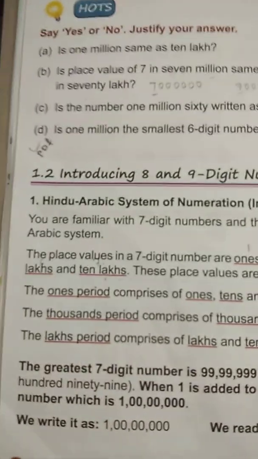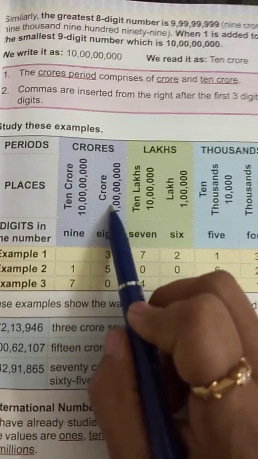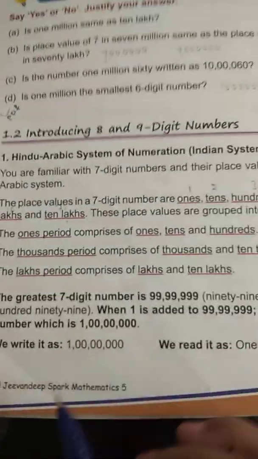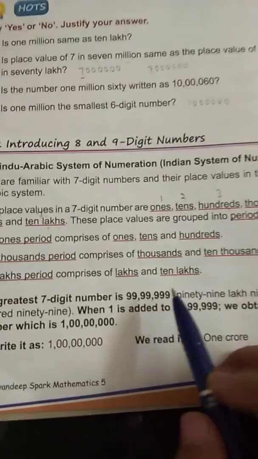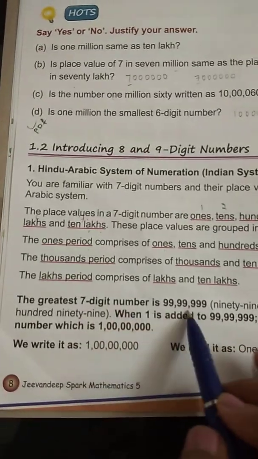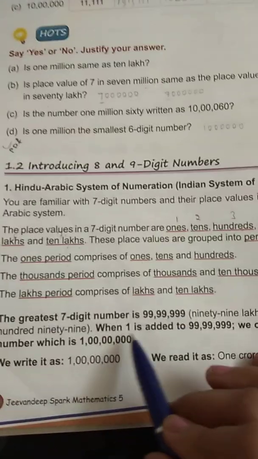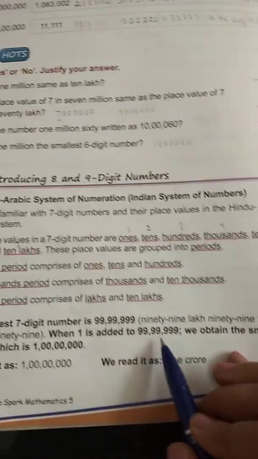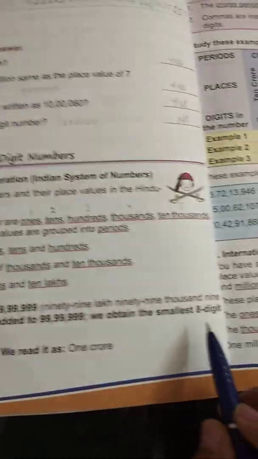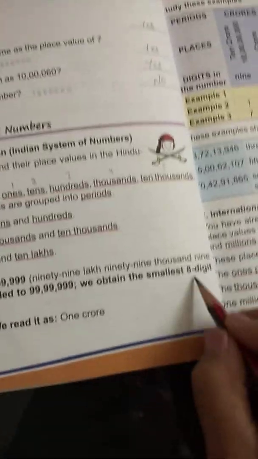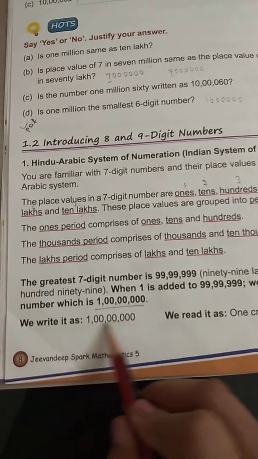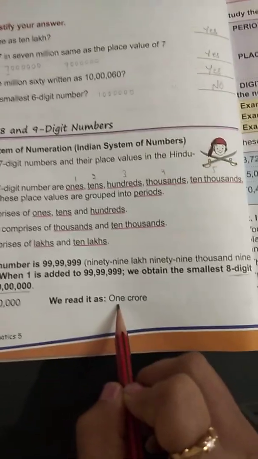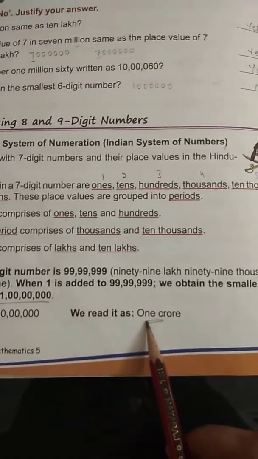Then what is in the crore period? Crore and 10 crore. So here the greatest 7 digit number is 99,99,999. If we add 1 to this, it will become 8 digits, which we read as 1 crore.